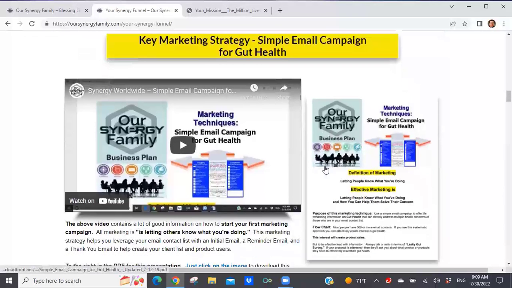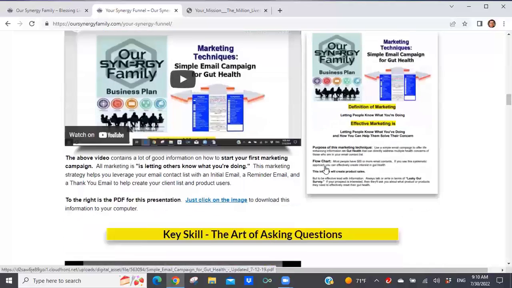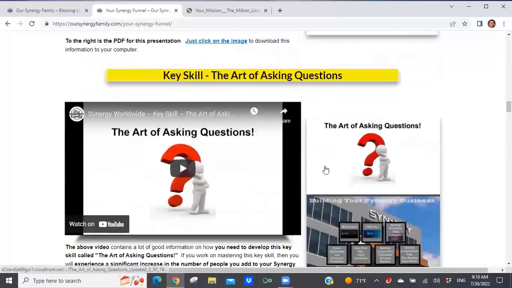Maybe you want to go down the gut health path, because more people are understanding the importance of improving gut health to improve the immune system and weight management techniques. Again, there are tools and resources on this page that will help you implement your marketing strategy to create awareness, so that you can bring people into the top of your funnel and then begin the process of moving them down through it.